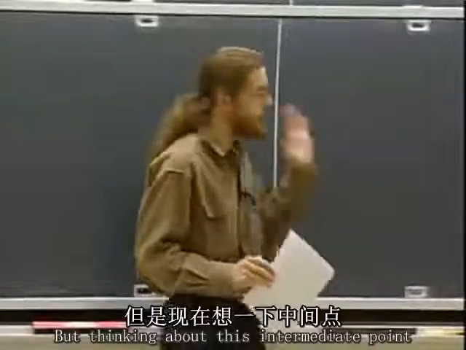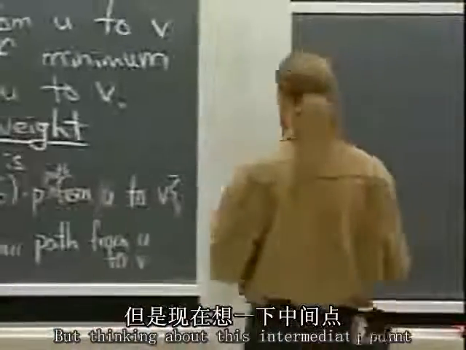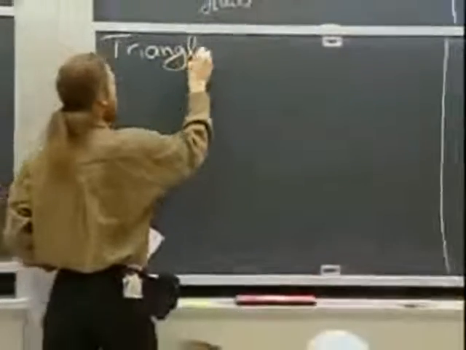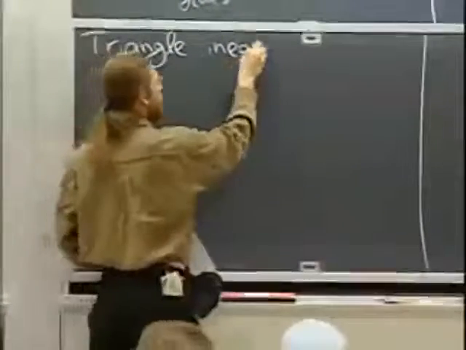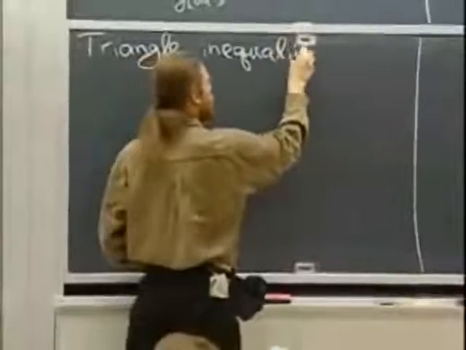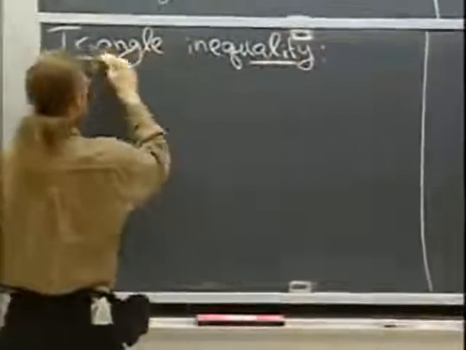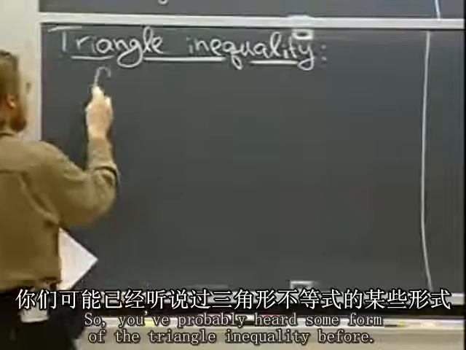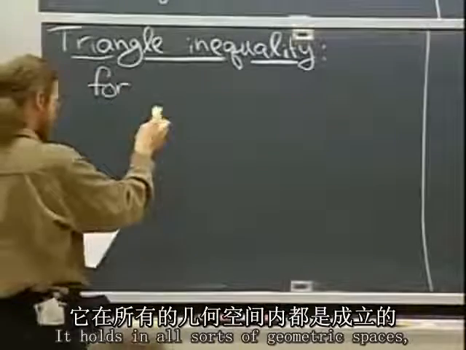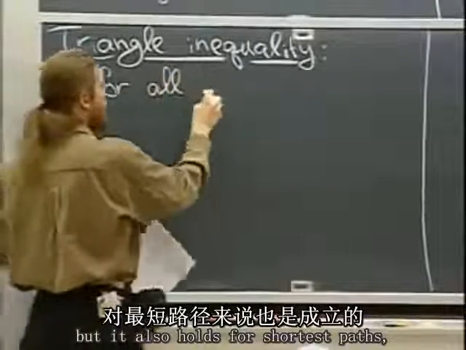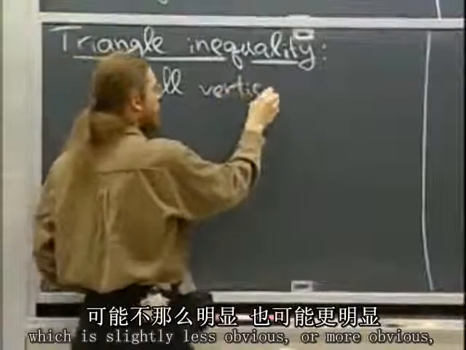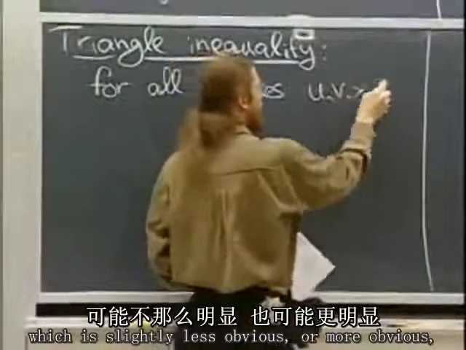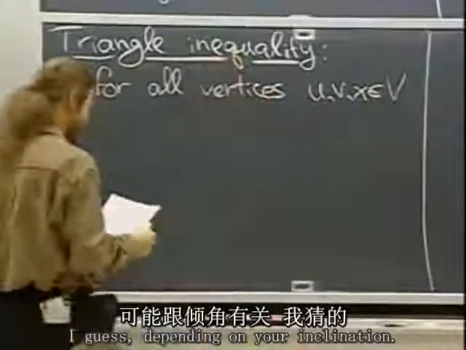But thinking about this intermediate point, we get something called the triangle inequality. You've probably heard some form of the triangle inequality before. It holds in all sorts of geometric spaces, but it also holds for shortest paths, which is slightly less obvious, or more obvious, I guess, depending on your inclination.